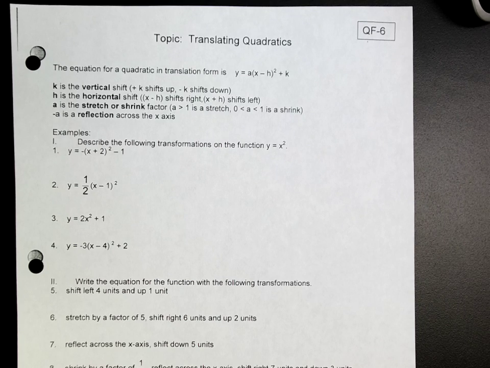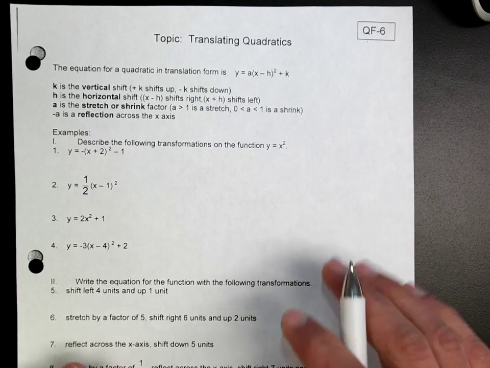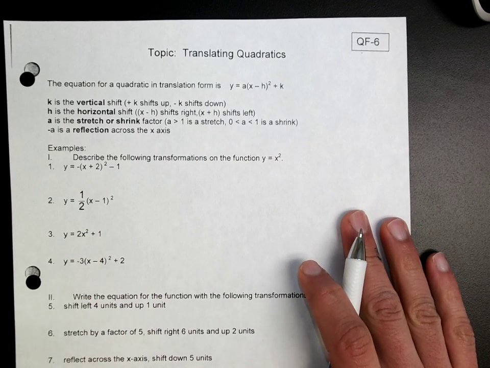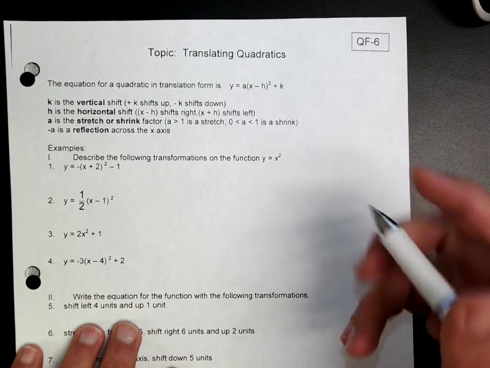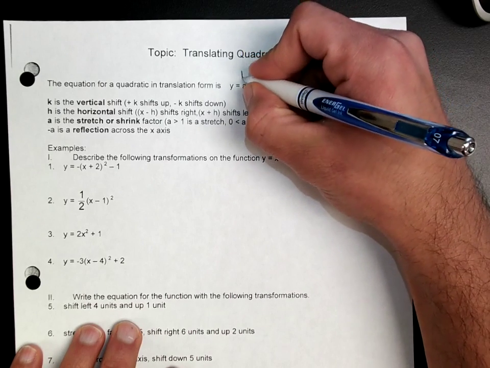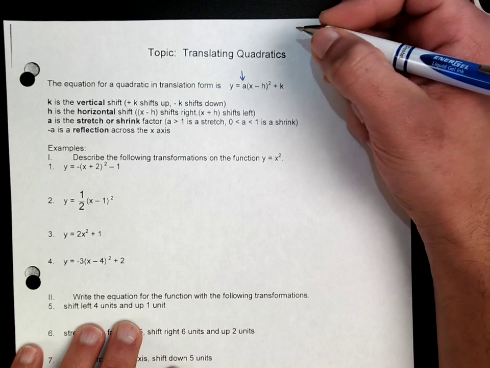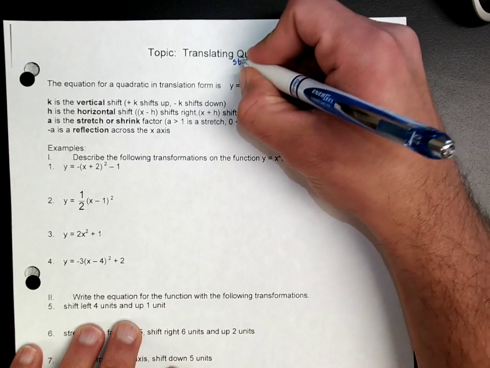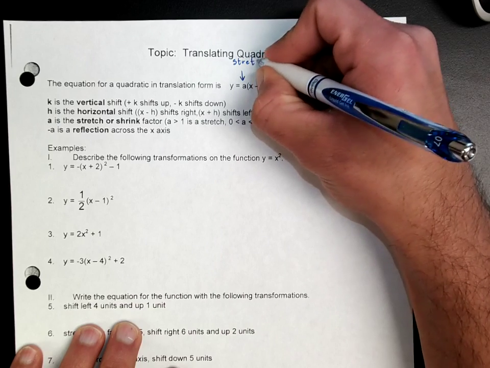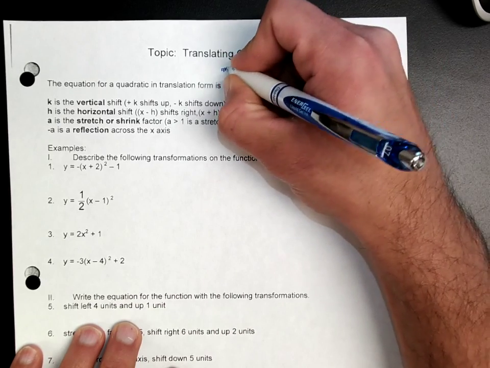Okay, so on this one right here, if you remember, if you have something in vertex form, which I feel like we talked about many times, and remember this A represents a number right here that would tell you if it is stretch or shrink.